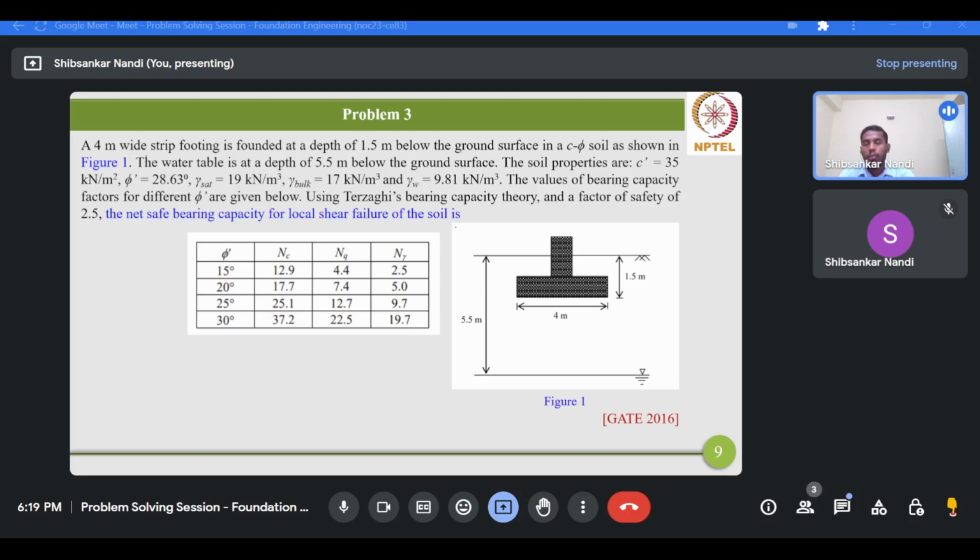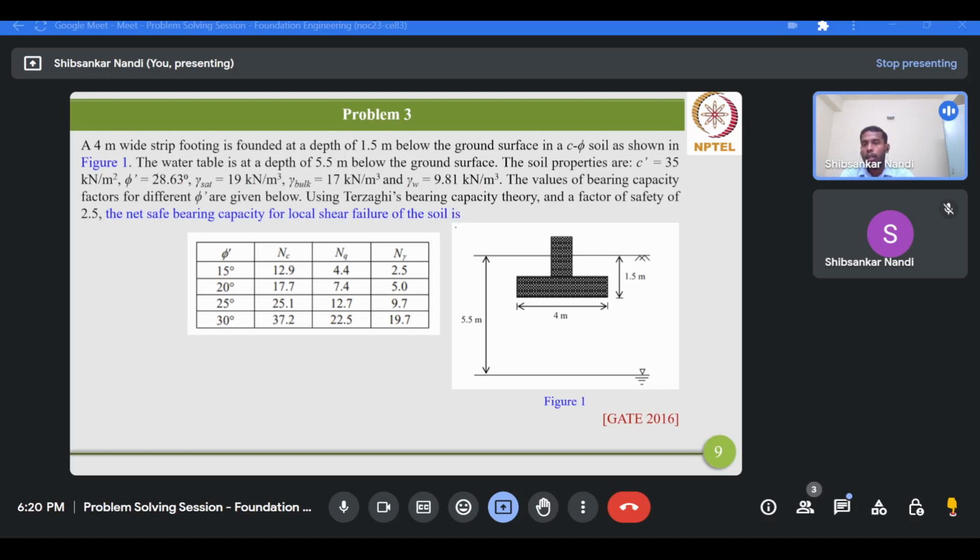A 4-meter wide strip footing is founded at a depth of 1.5 meters below the ground surface in a C-phi soil as shown in figure 1. The water table is at a depth of 5.5 meters below the ground surface. The soil properties are: effective cohesion is 35 kPa, effective angle of internal friction is 28.63 degrees, the saturated unit weight is 19 kN per meter cube, bulk unit weight is 17 kN per meter cube, and the unit weight of water is 9.81 kN per meter cube.